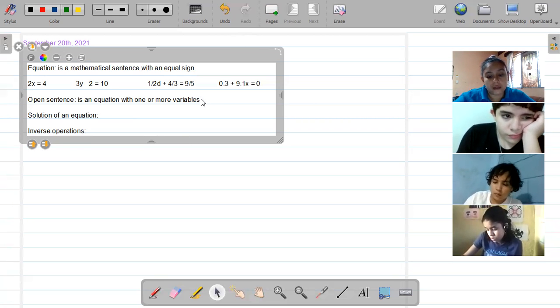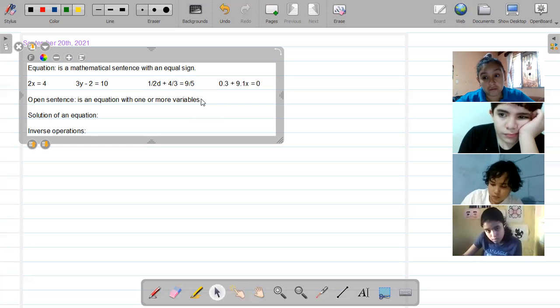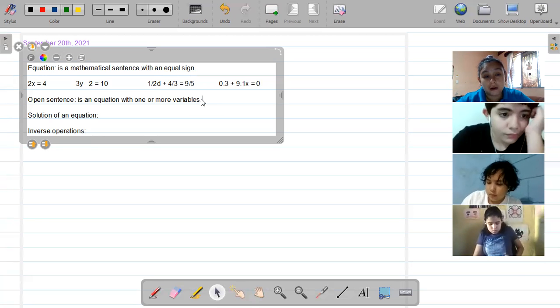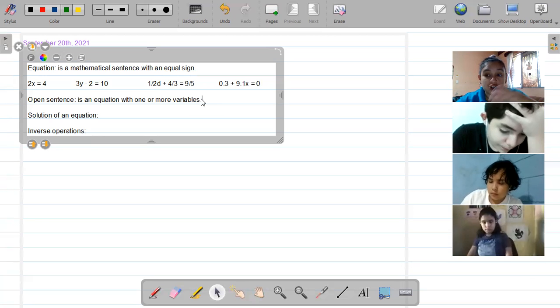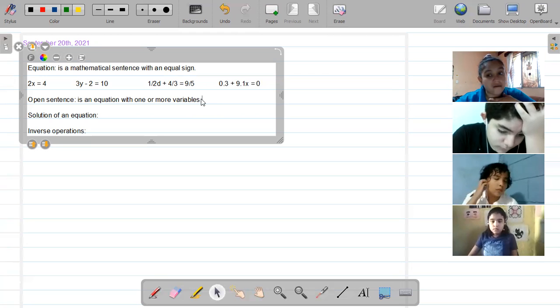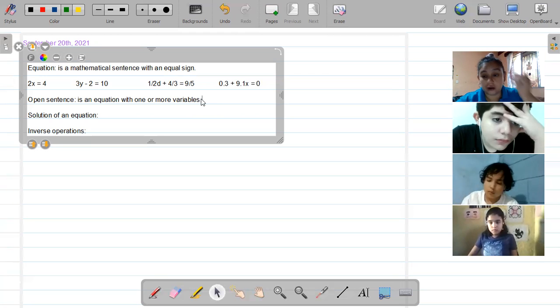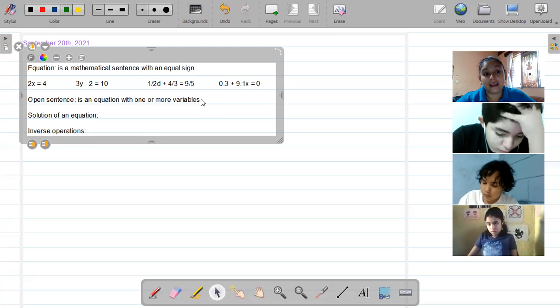So it's an open sentence because there are so many possible answers, and some equations have more than one answer that makes it true. It's open to have any answer that you can imagine. You have to solve it in order to find the solution of an equation.